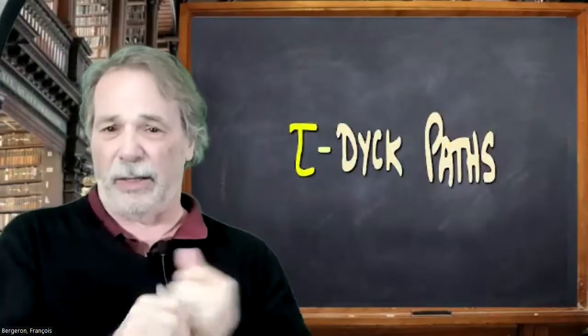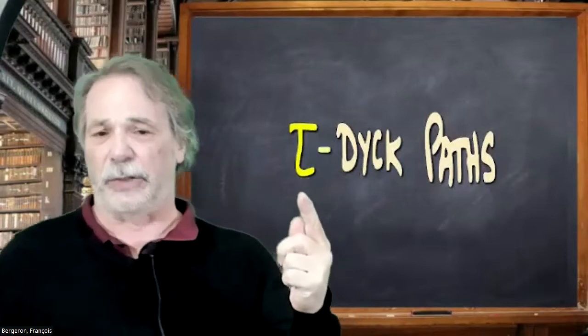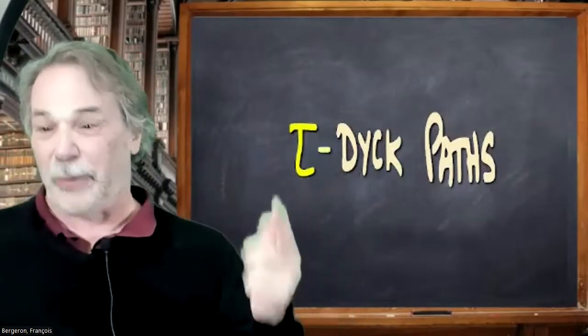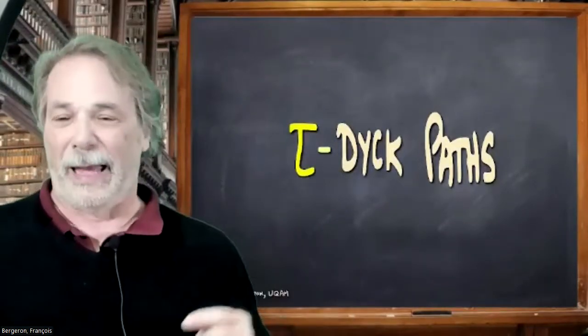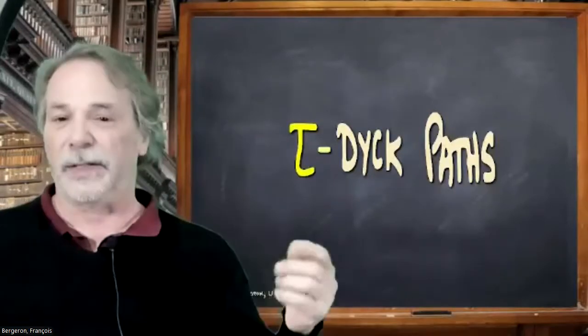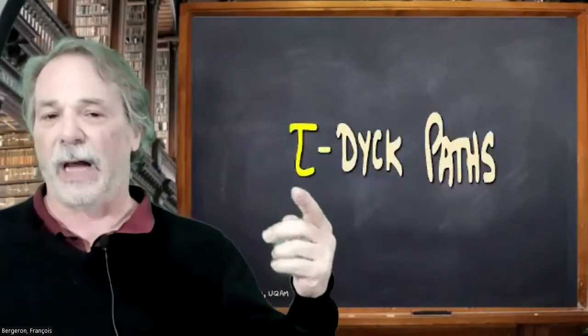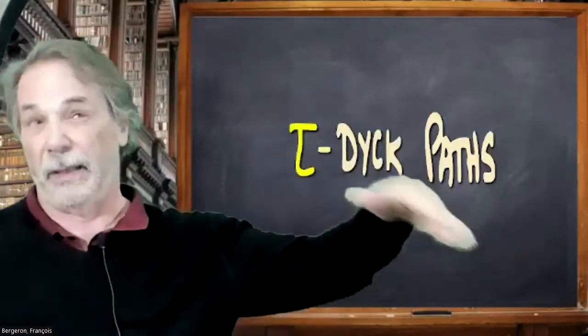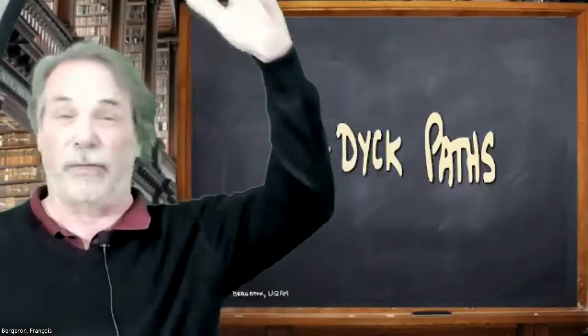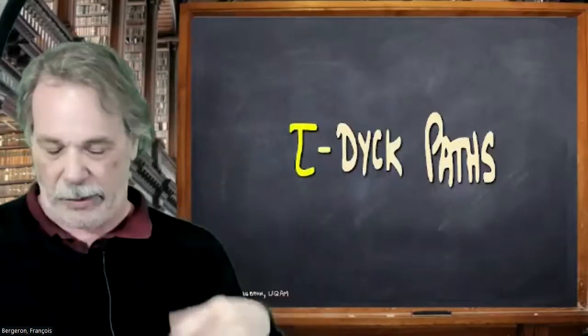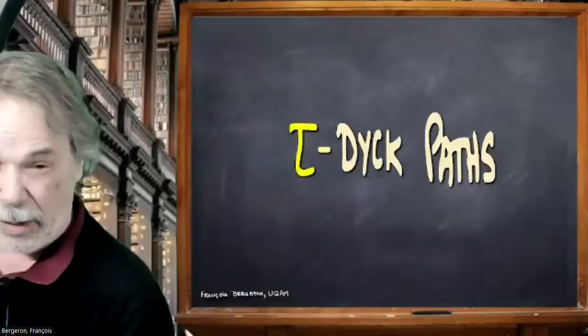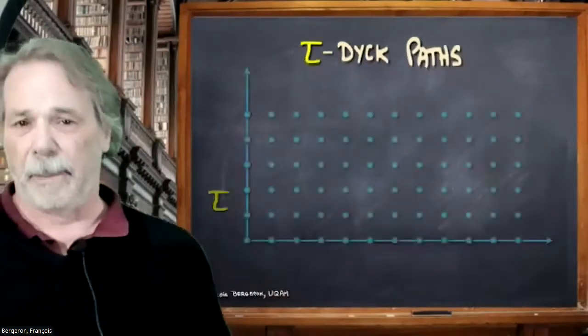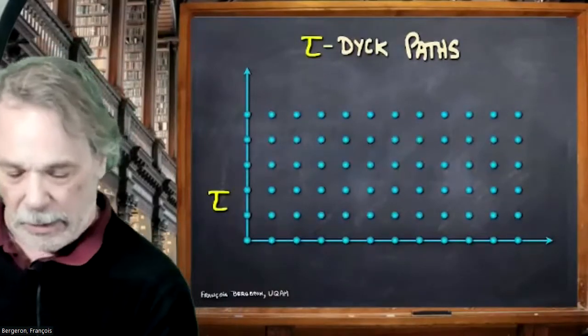So I'm going to pick a triangular partition, tau for triangular, and I'm going to consider enumeration of tau Dyck paths. So the tau is the overall partition that's going to help me talk about the Dyck paths.